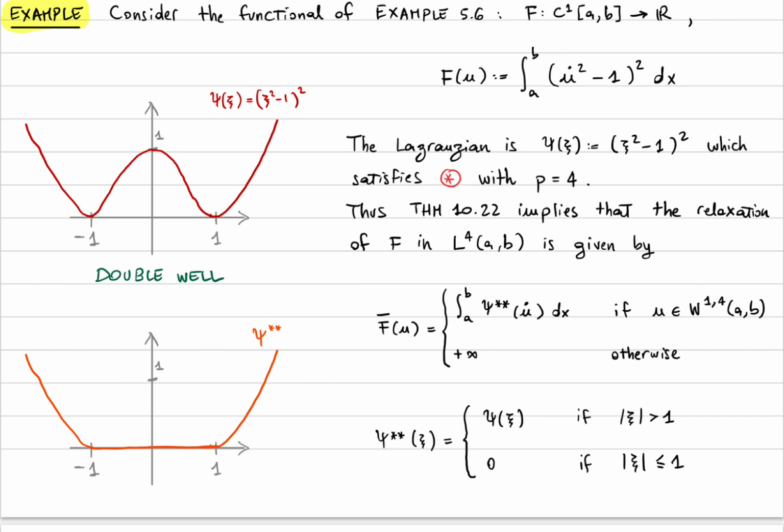And if you go back and look at example 5.6, this is exactly what we did to minimize this function under certain boundary conditions. So you remember we wanted to apply the trivial lemma.